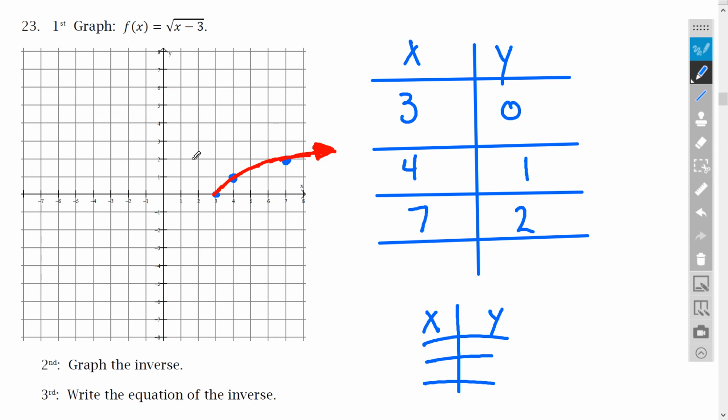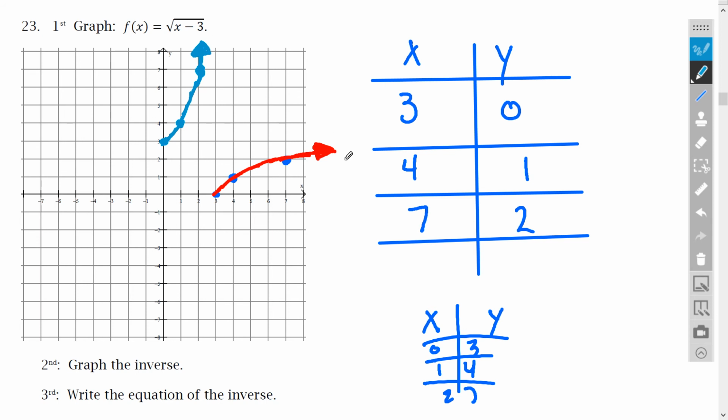So the x coordinates and the y coordinates would switch. So I would have (0, 3), (1, 4), and (2, 7). If I want to graph the inverse function, I'd have (0, 3), (1, 4), and (2, 7). The inverse function is over here.